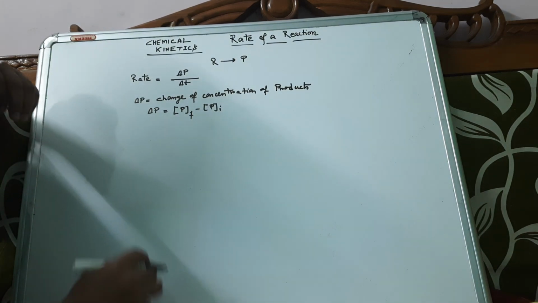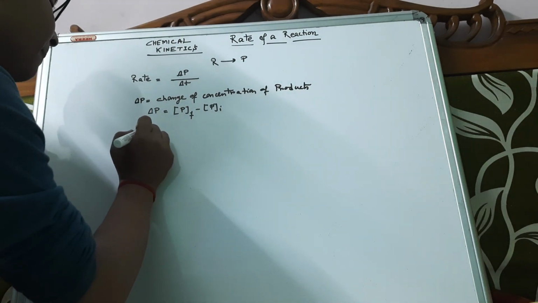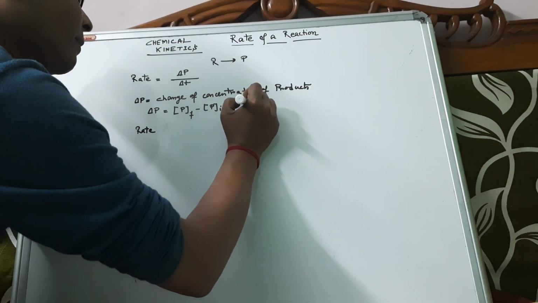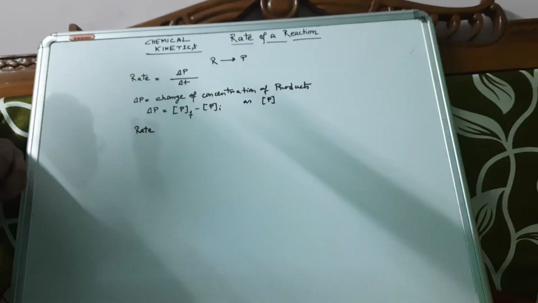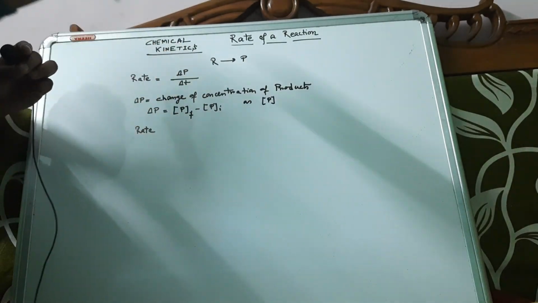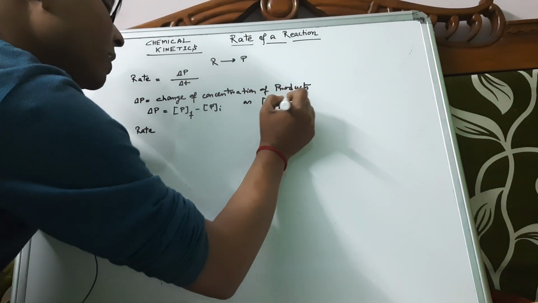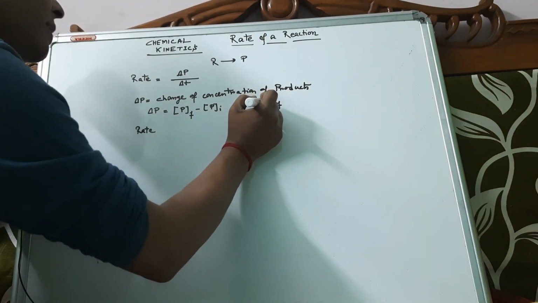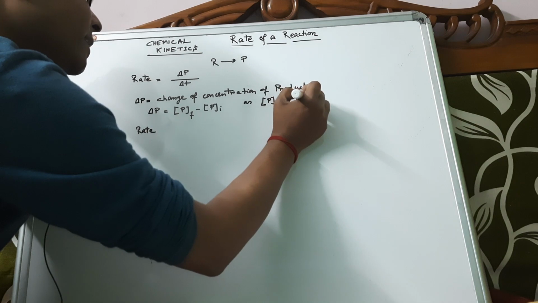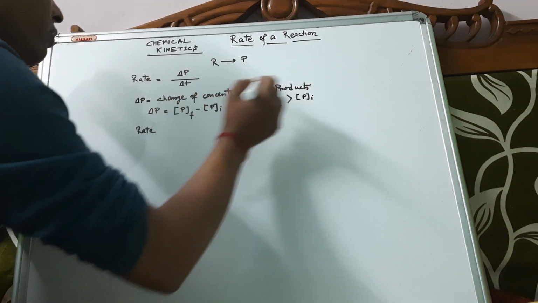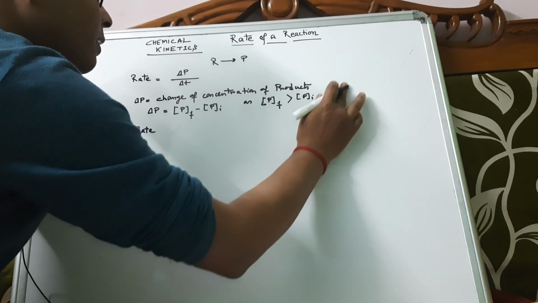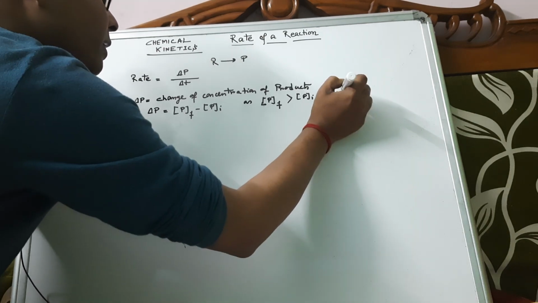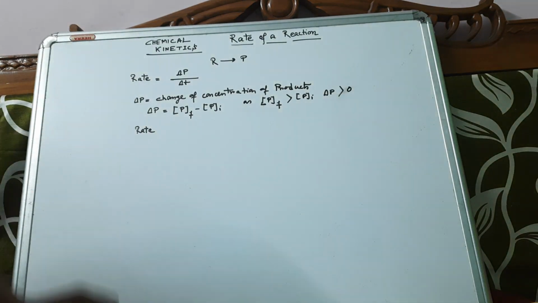So, rate here, delta P, as the concentration of product is formed gradually, the concentration of the product gradually increases. So P final is always greater than P initial. So delta P should be greater than 0.